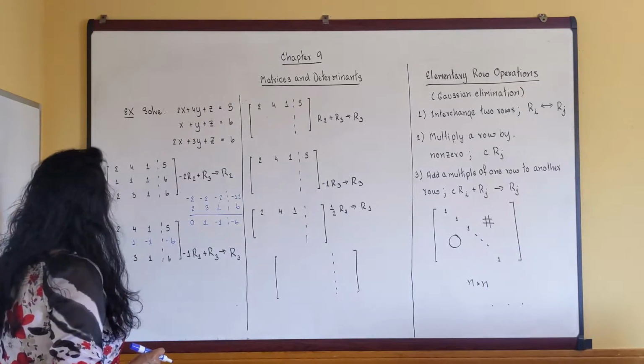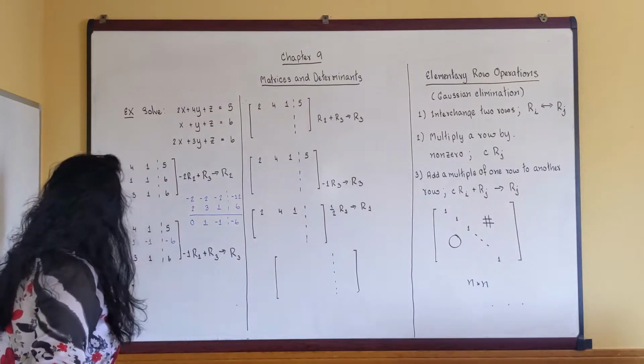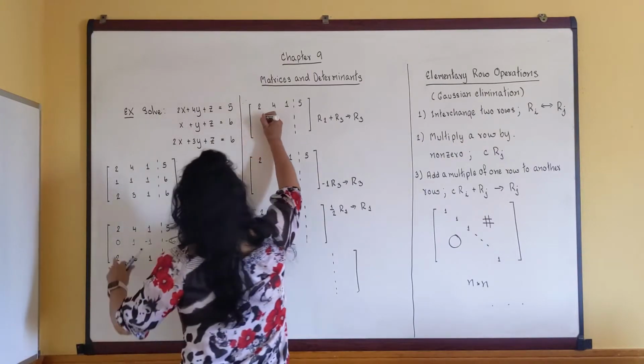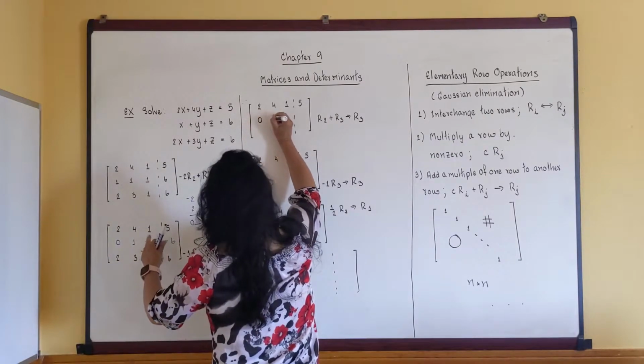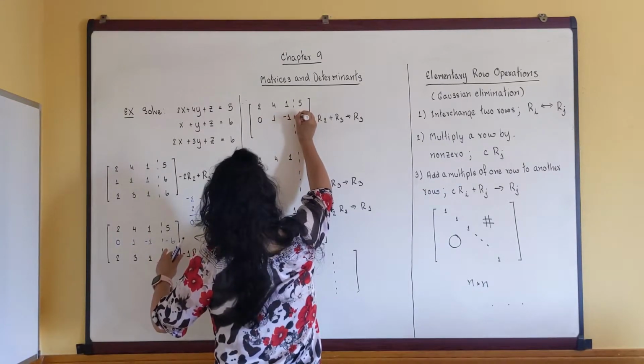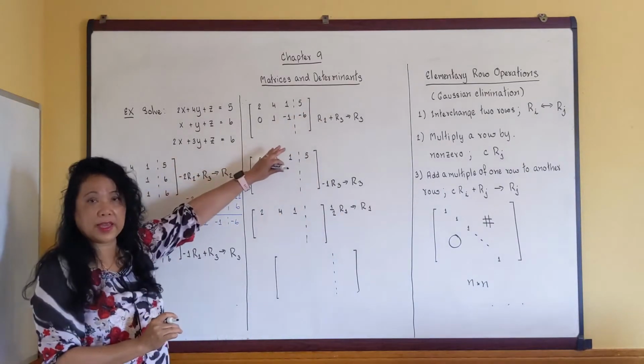So I'm just going to use a different color for the one that I just changed. Now I'm thinking I'm going to change the third row. Maybe I want to have 0 here. So let me write the second row; the second row remains the same, 0, 1, -1, -6. I'm just copying the second row over there.